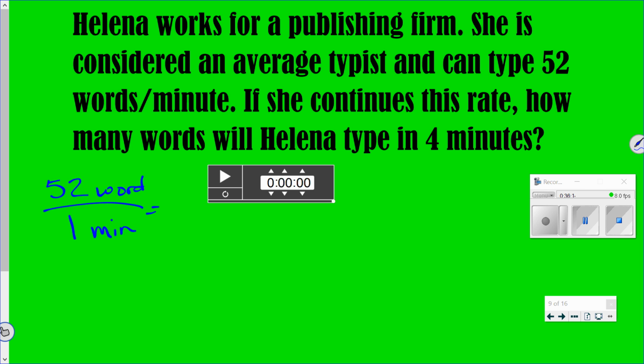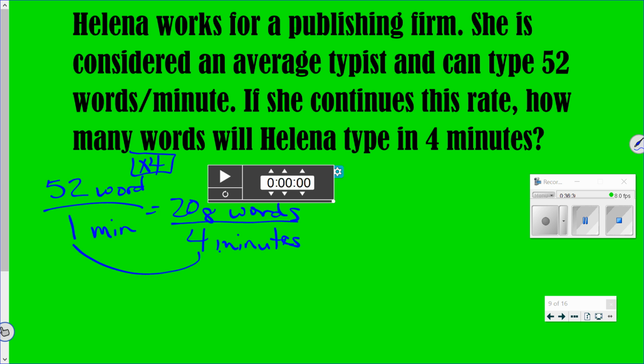And I know that it equals something in 4 minutes. So I have some number of words up here. How did I go from 1 to 4? Times 4, so 52 times 4 gives me 208. I got it right. Okay, so 208 words. Good? Yep.